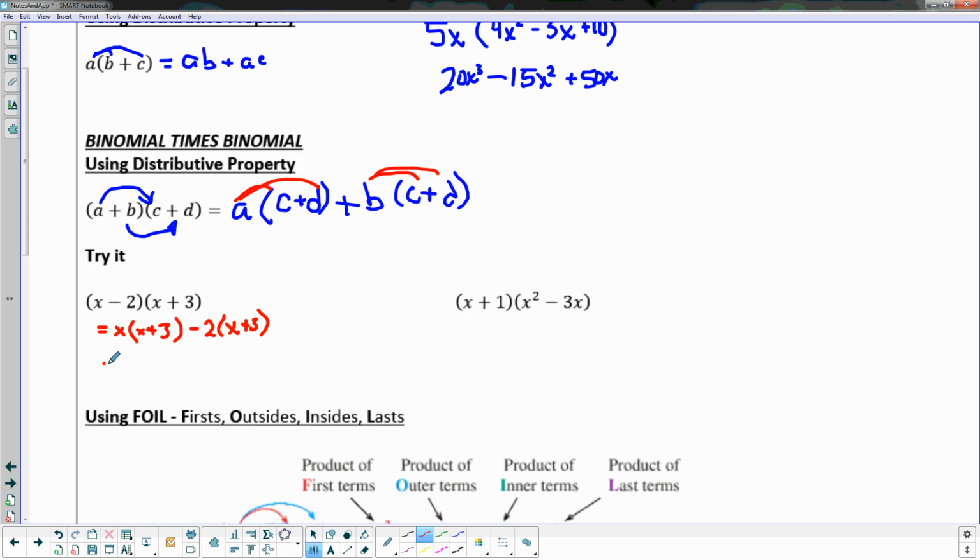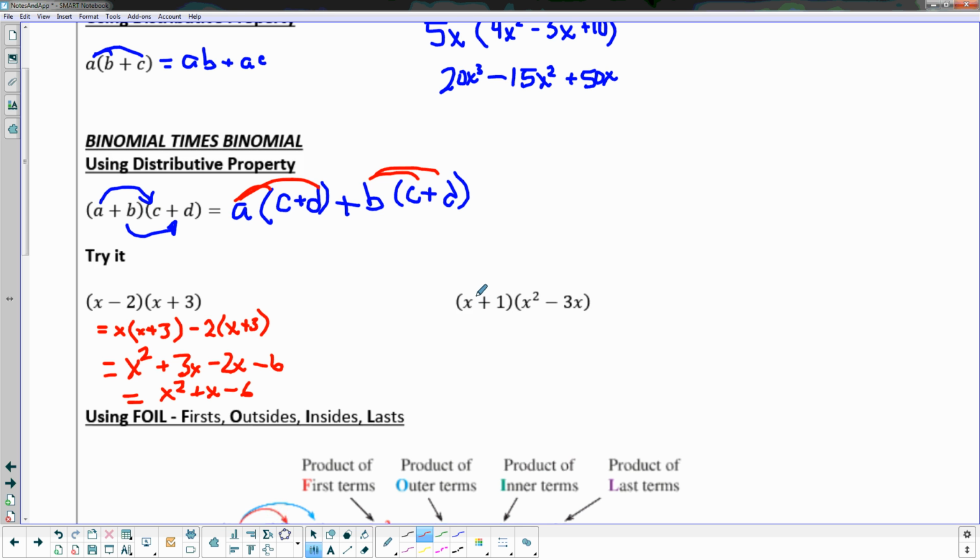Okay, so I get x times x, which is x squared, x times 3, which is 3x, negative 2 times x, and negative 2 times 3. And then I remember that I have to combine like terms if I have them. x squared, that's plus x, minus 6.